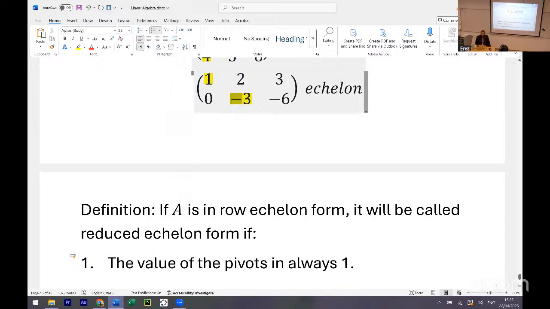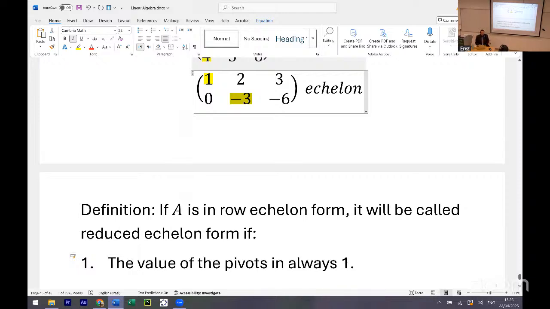If the value is not 1 and it's not 0, can I make it 1? For instance, can I make minus 3 be 1? Yes, I can multiply by the inverse, and that's one of the properties of the field, that you must have an inverse for any number other than 0. And also, must there be a number which is 1?